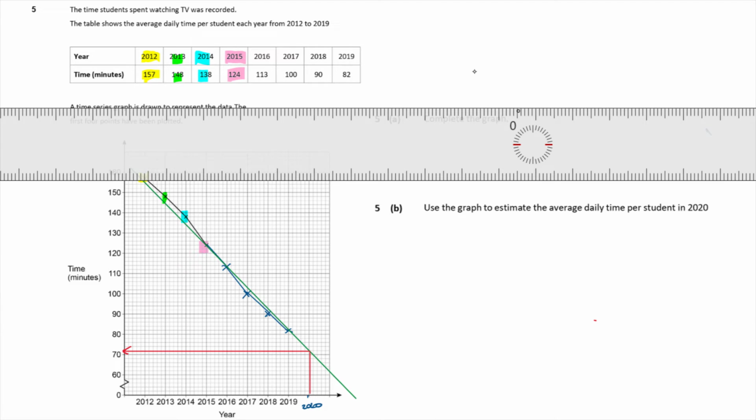That seems to be around about 71, 72. Okay, I'm going to write down 72, I think. So 72 is my estimate. But again, if you do your graph slightly differently, you're going to get a little bit of leeway on that. So just check your graph, read across like I have, and read off your number as best you can.